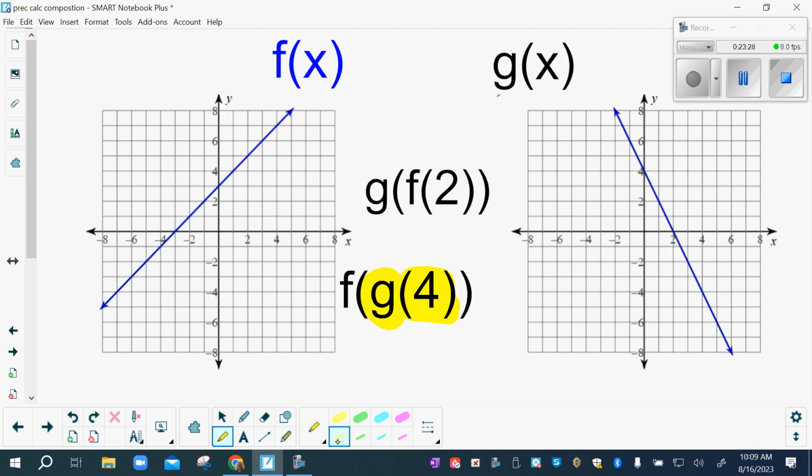So I'm going over the G graph and I'm going to 4 right here, and then I find my new Y. And my new Y, that's -4. And now I'm going to use him to flip over to my other graph, but we start fresh again. So we go to -4 and we see where he matches up, and it's right here at -1. Does that make sense?